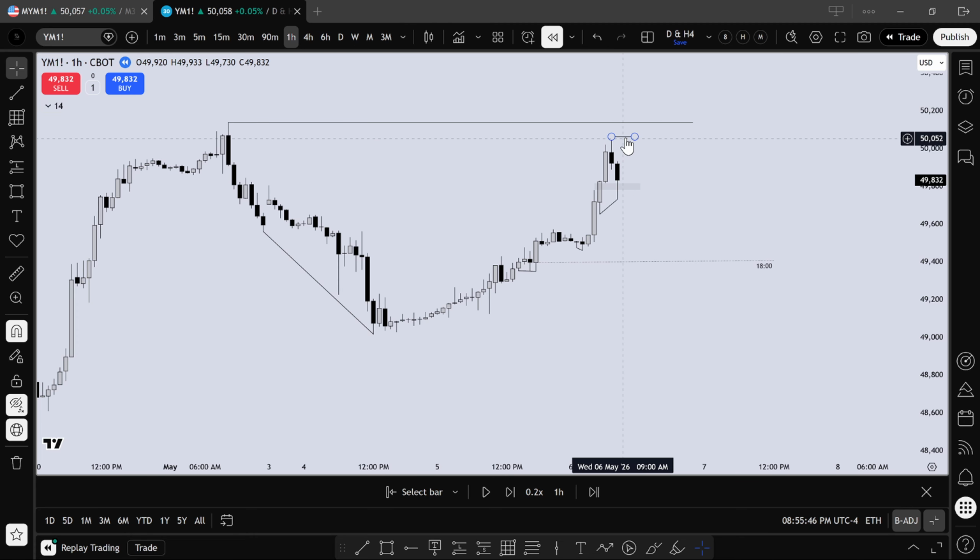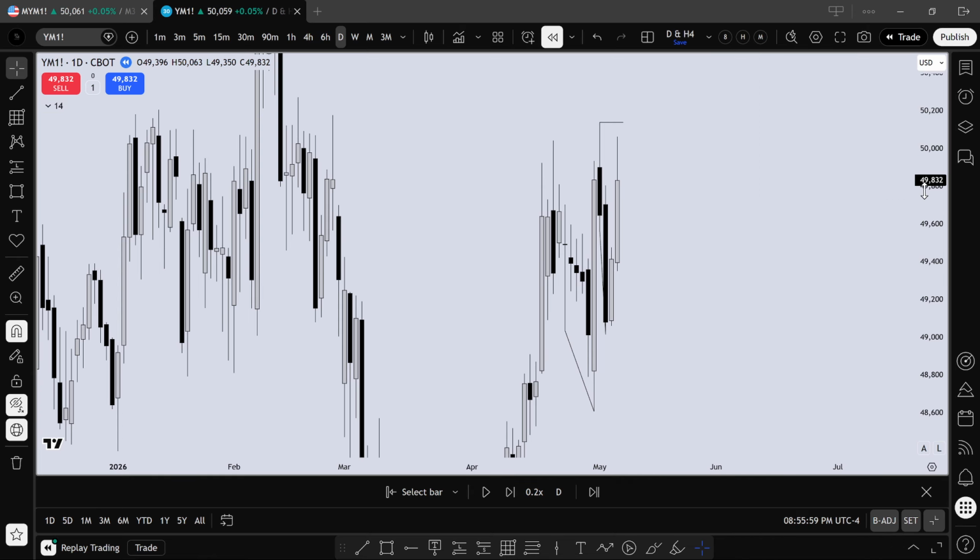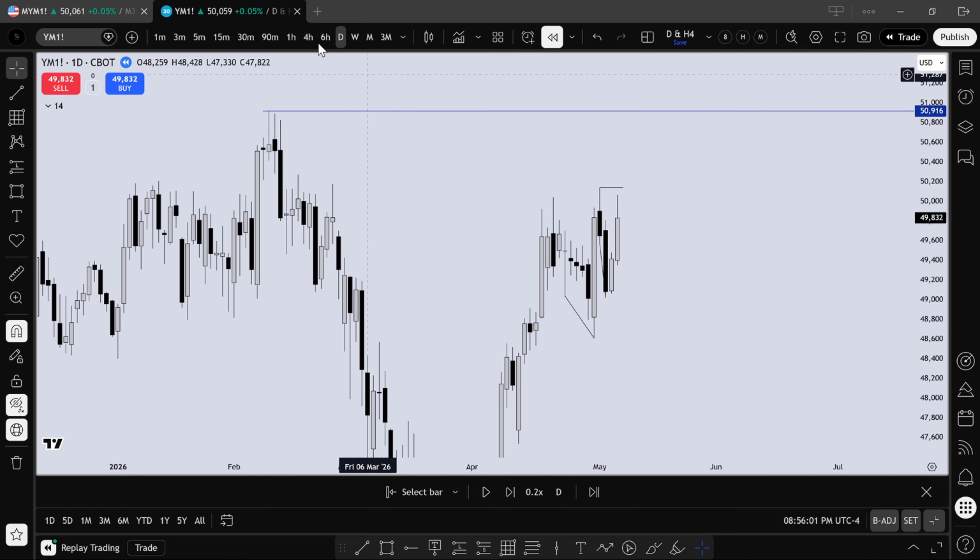And the first target you should have is this high and then this high, because the all-time high or this high is relevant to the daily swing, to this daily pullback.